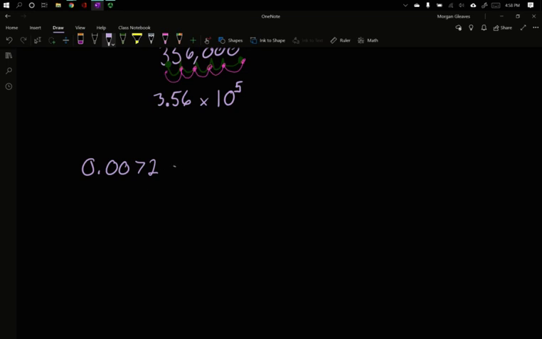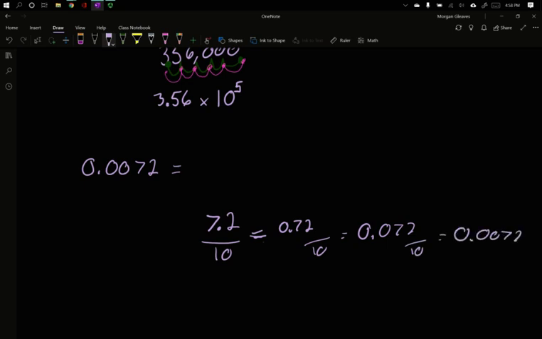Well, the idea is I want a math problem that will give me this answer. If I had 7.2, I could divide that by 10. That would go to 0.72, which I could then divide by 10 again to get 0.072.